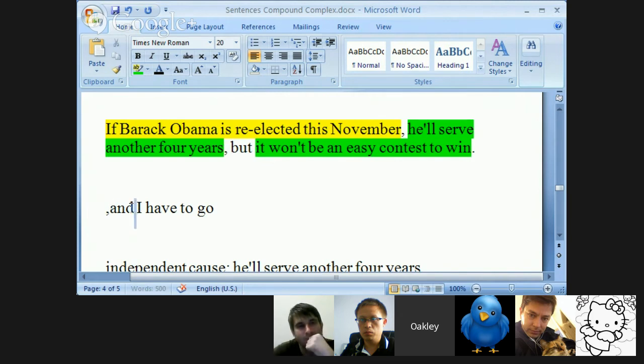But if we say "if I have to go", if we ignore "if", it becomes independent. If there's no "if", "I have to go" is a simple sentence. It's independent. Right. If we add "if", it becomes dependent. Yes, it does. And if we add "and", it is still independent.